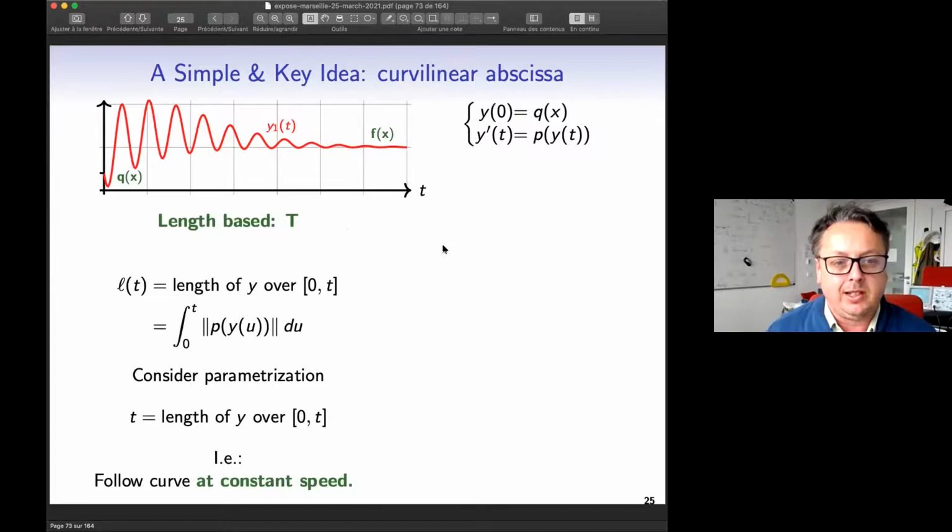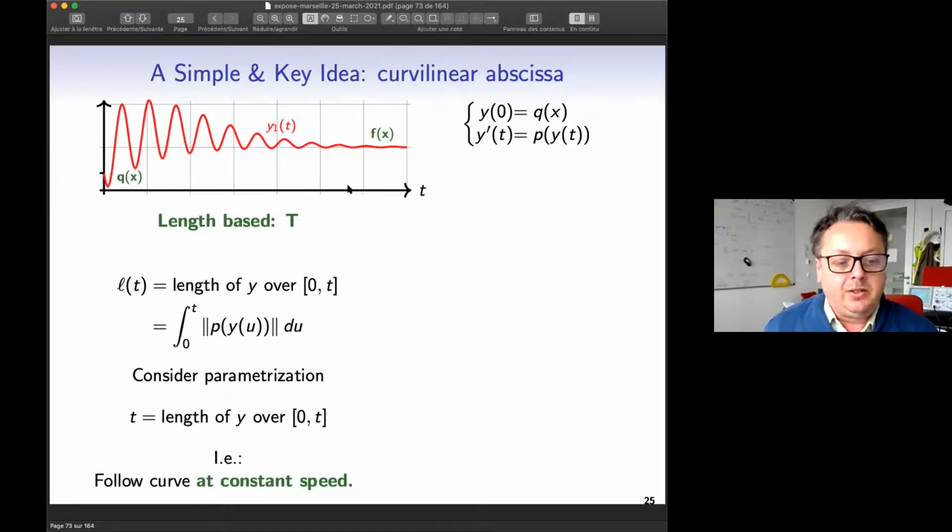So in French, l'abscisse curviligne, in English, or I would say Latin, curvilinear abscissa, which is quite a very nice and simple idea, which is that you measure the time by the length of the curve.